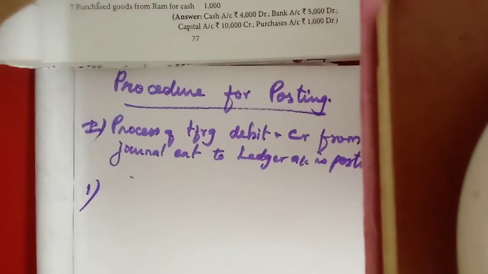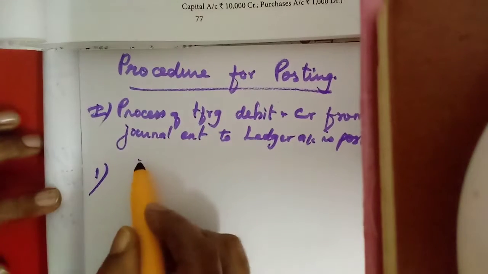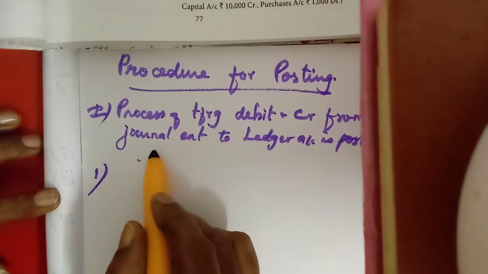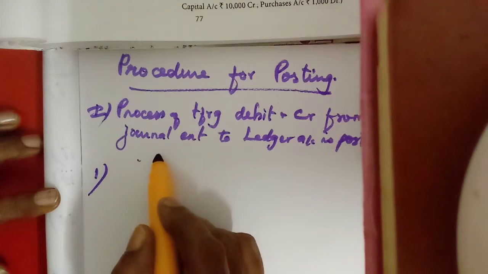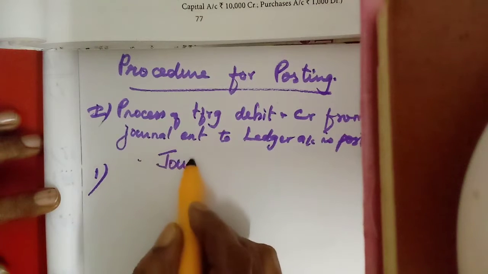So now first we will prepare the journal entries. So how should we write in the books of, nothing given, so simply journal entries.